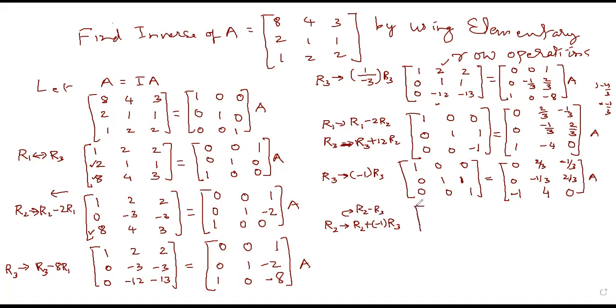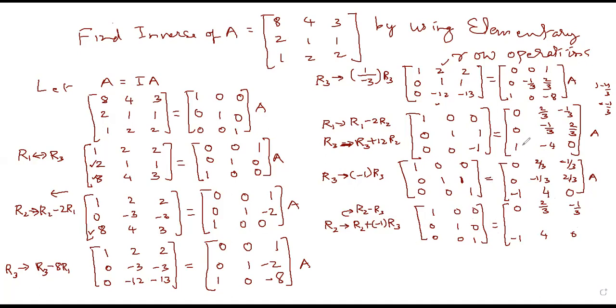So R2 minus R3. So 1 0 0, 0 minus 0 is 0, 1 minus 0 is 1, 1 minus 1 is 0, and 0 0 1. So we achieved our target to get I on the left hand side. Remember, the second row is changing, so we write the first row as it is, 0 2 by 3 minus 1 by 3 and minus 1 4 0.